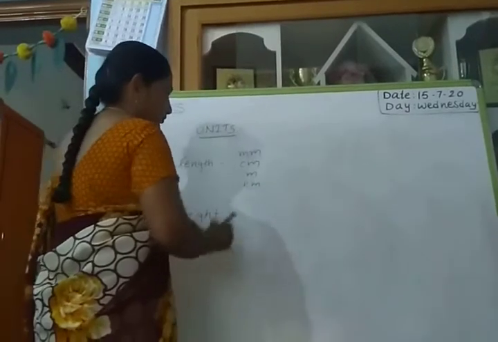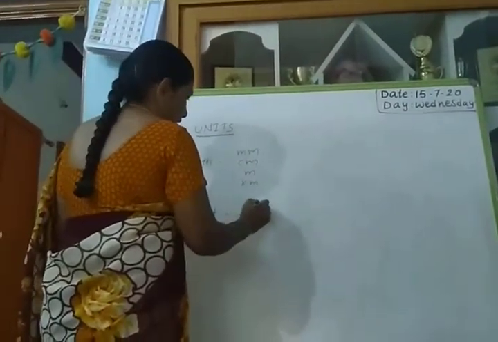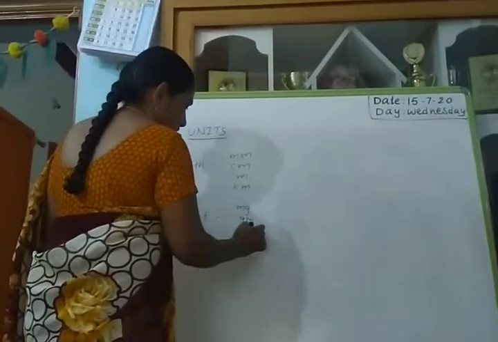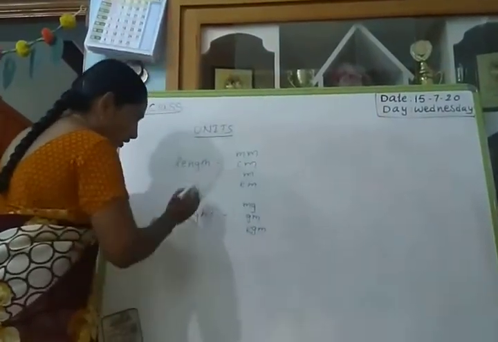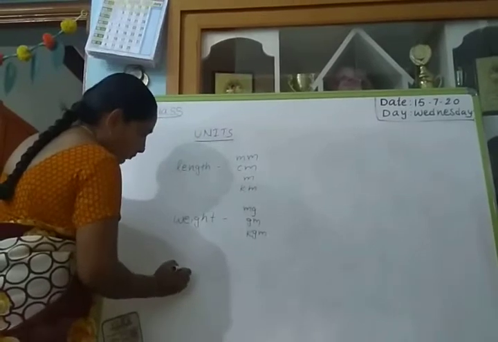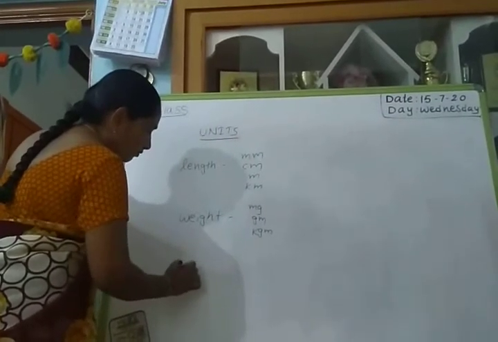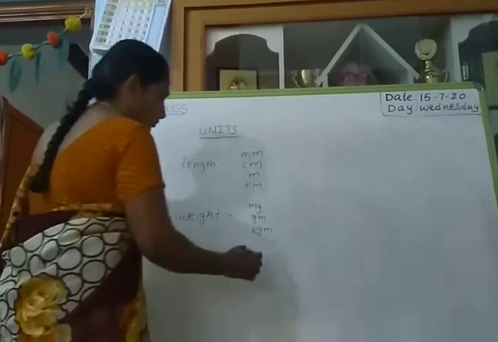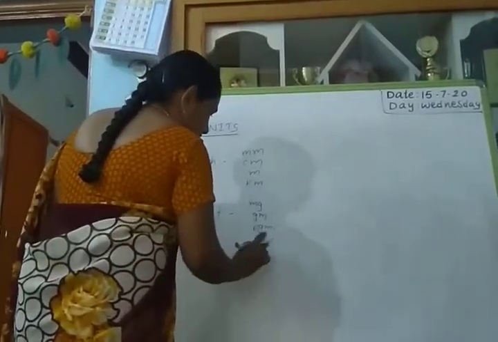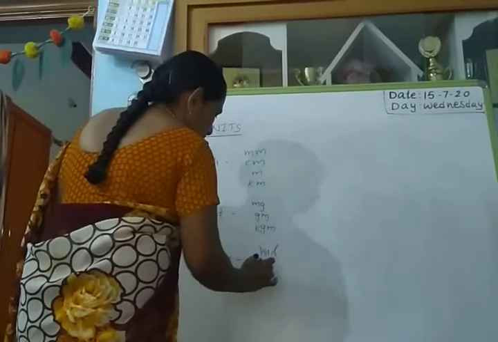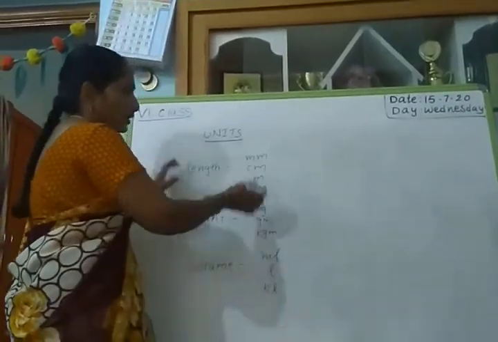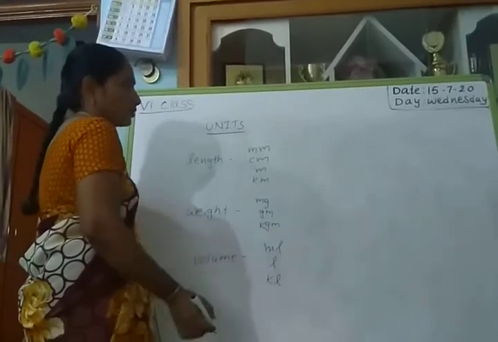We have milligrams, grams, kilograms. Mostly we use these in our daily life. Next is volume, for liquids. We measure liquids in volume. We have milliliter, liter, kiloliter. In our daily life we use these measurements every day.